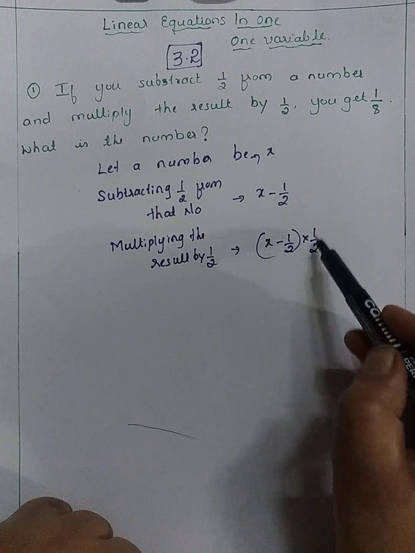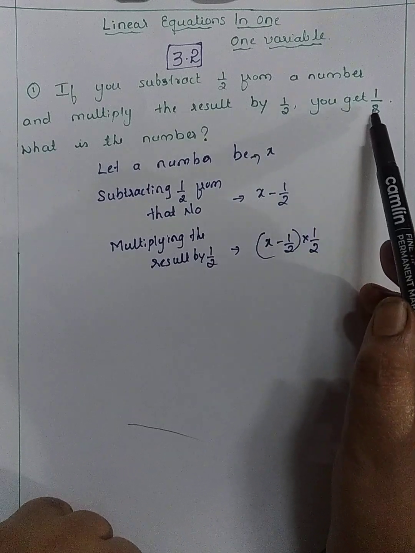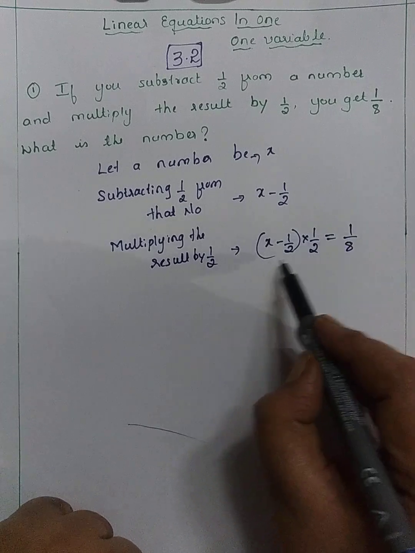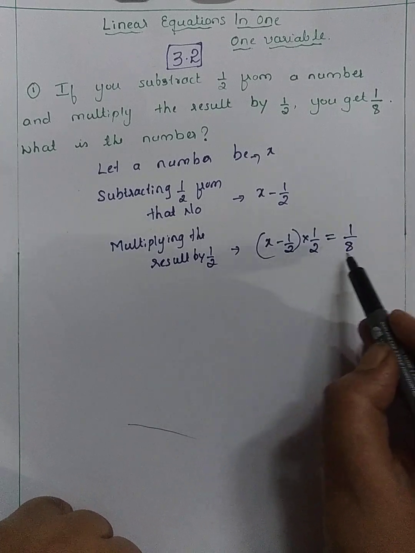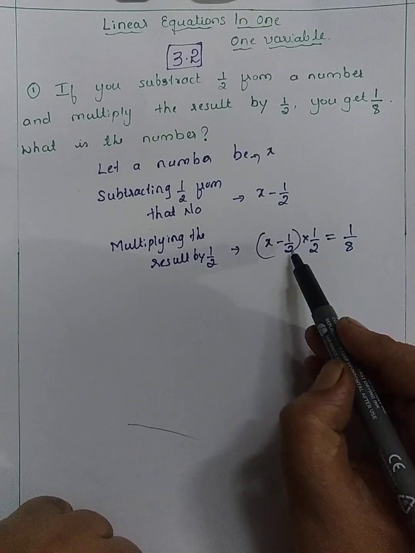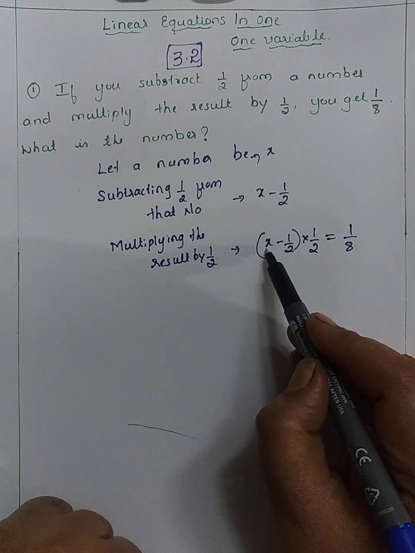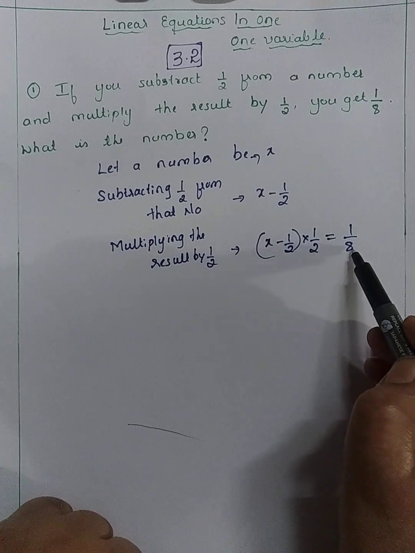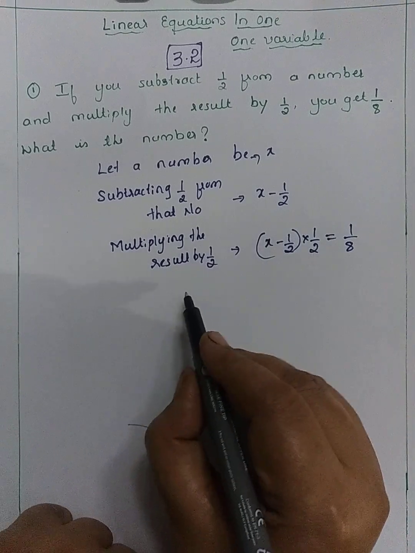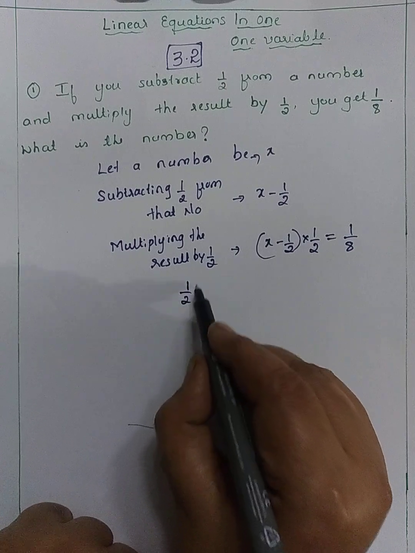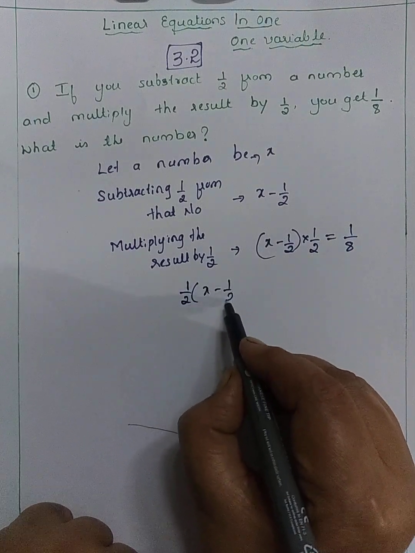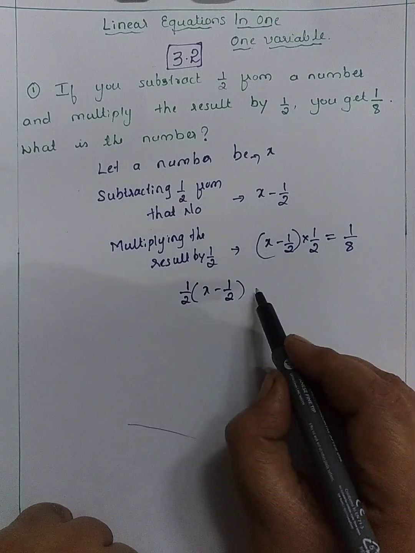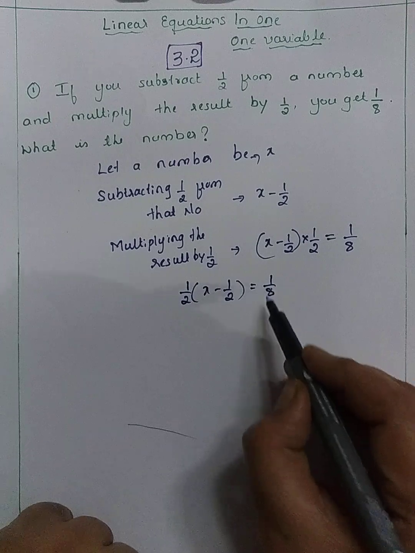You get 1 by 8. So this is the final question. You subtract 1 by 2 from a number and multiply by 1 by 2, you will get 1 by 8. Now the given equation will be 1 by 2 into x minus 1 by 2. You may write like this also, equal to 1 by 8.